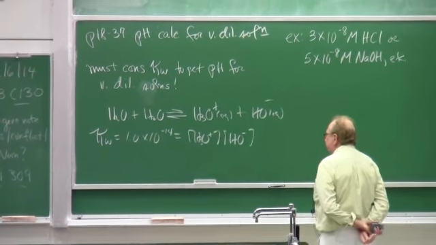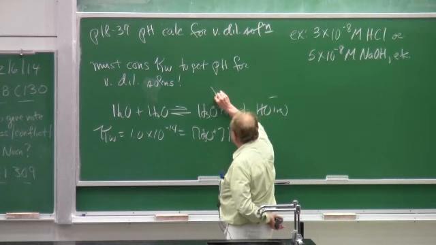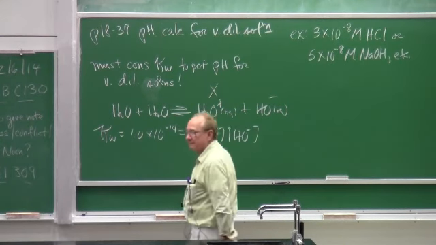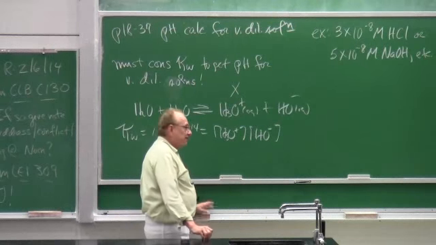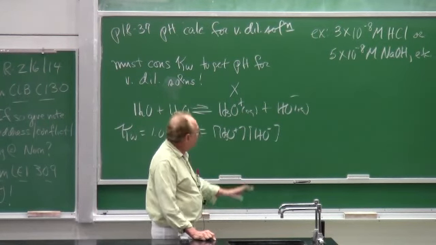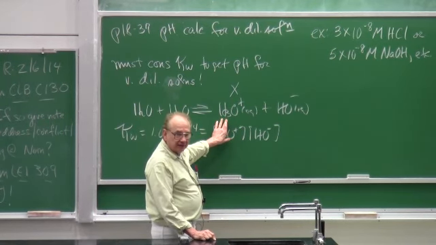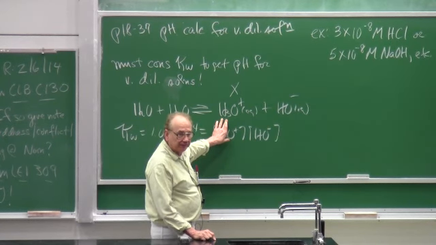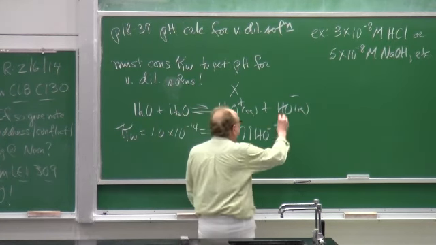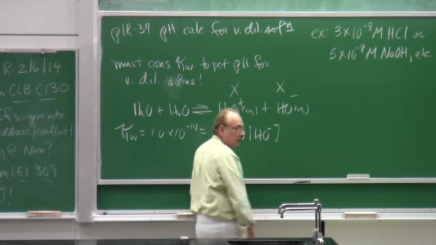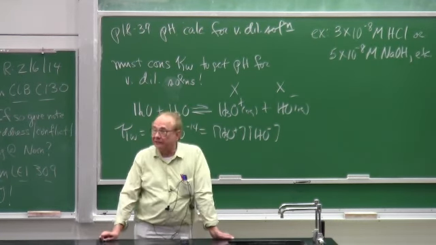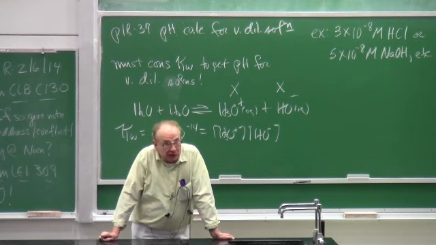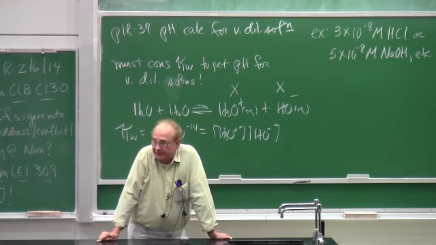So we'll call it X. And the stoichiometry of this reaction tells you, as this reaction proceeds left to right, if it creates X moles per liter of hydronium ion, it also creates X moles per liter of hydroxide ion. But that ain't the solution hydroxide ion molarity. That's how much this reaction creates.